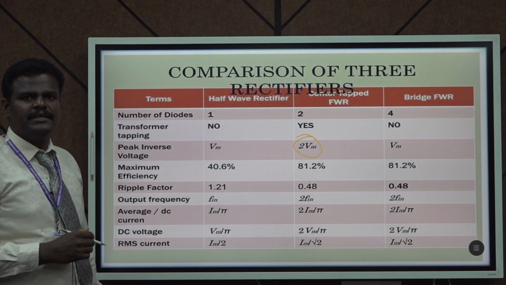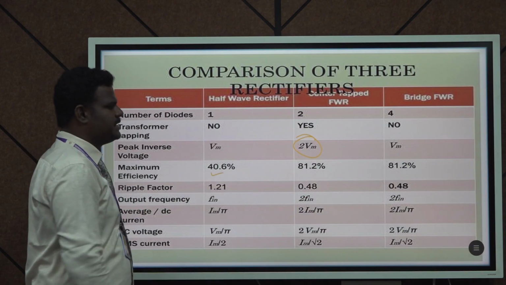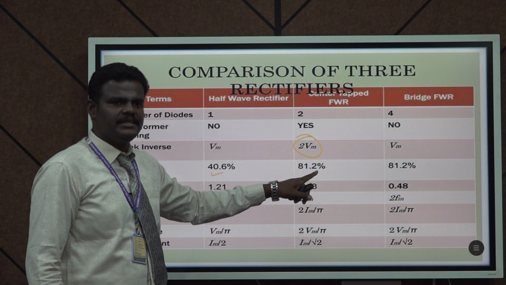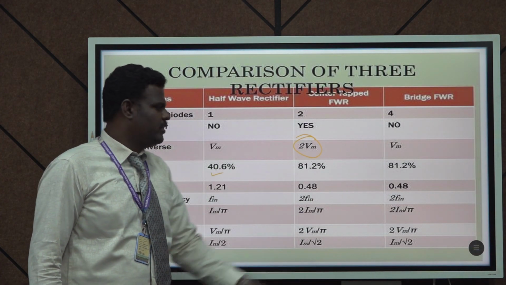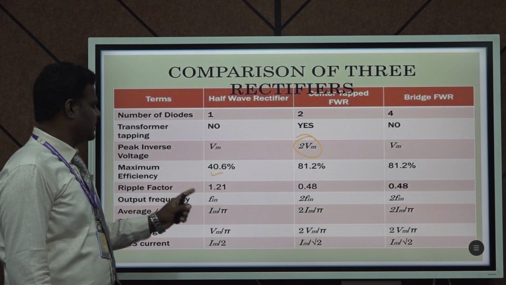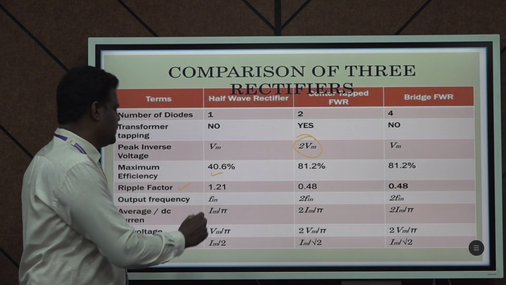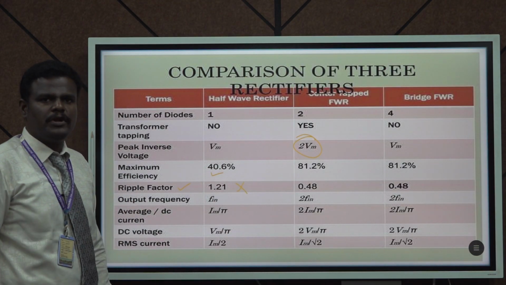The maximum efficiency of the half wave rectifier is 40.6%, in the center tapped it is increased to 81.2%, and in the full bridge it is also 81.2%. Then the ripple factor, the main performance parameter. The ripple factor is 1.21, that means 121%.